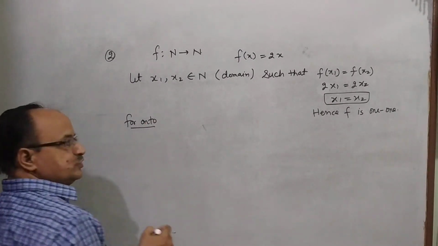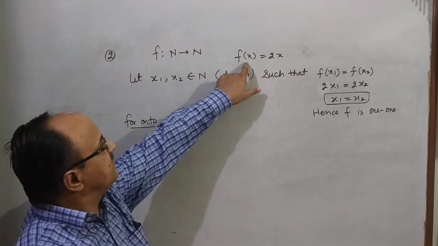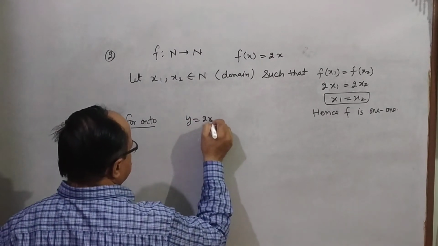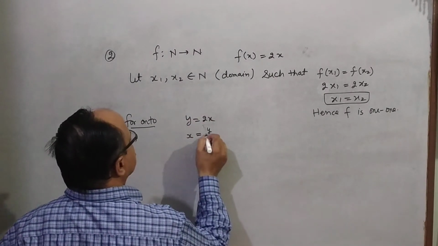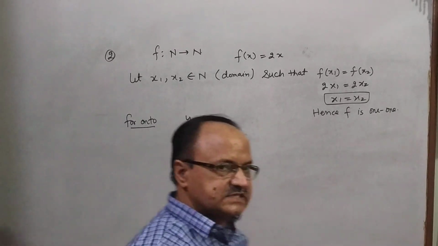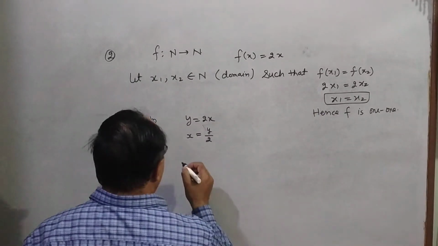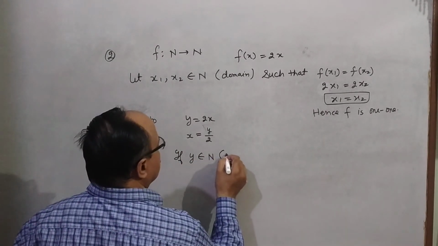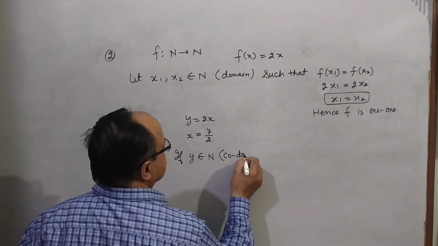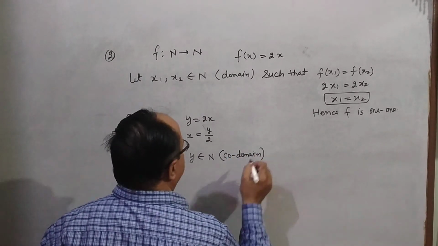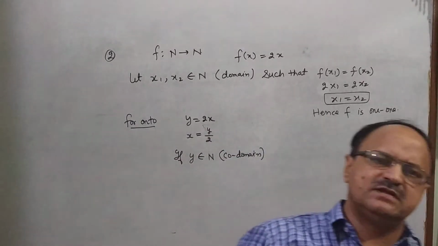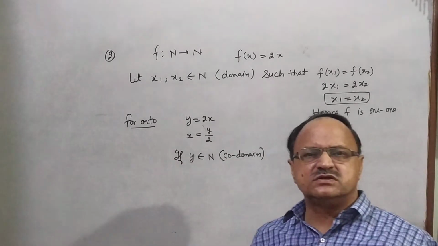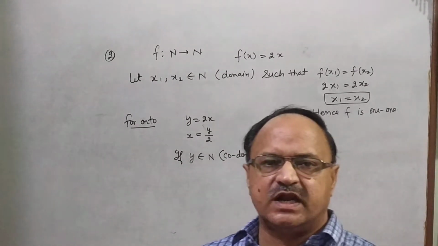For onto, in place of f of x, put y is equal to 2x. Now express x in terms of y. Here y belongs to N, the codomain, the set of natural numbers 1, 2, 3, 4, 5 and so on.